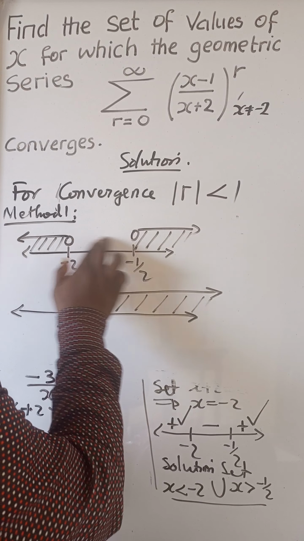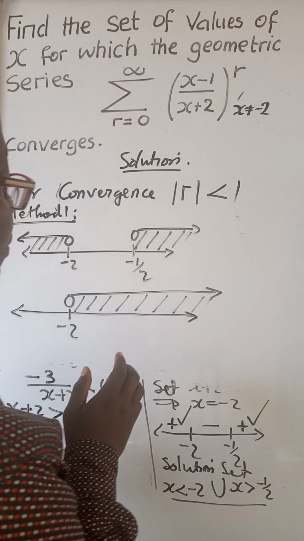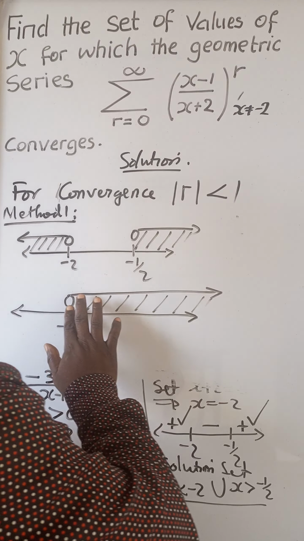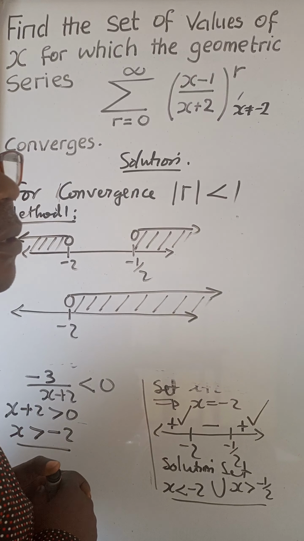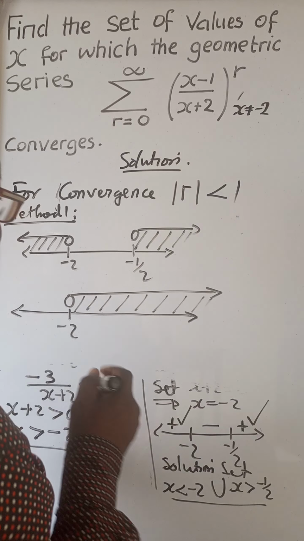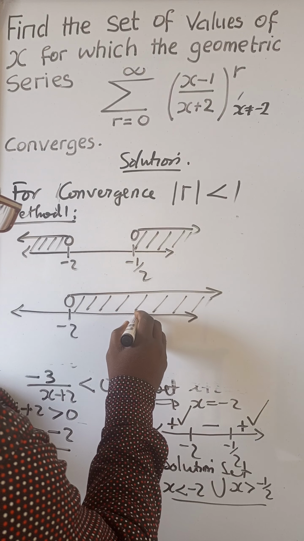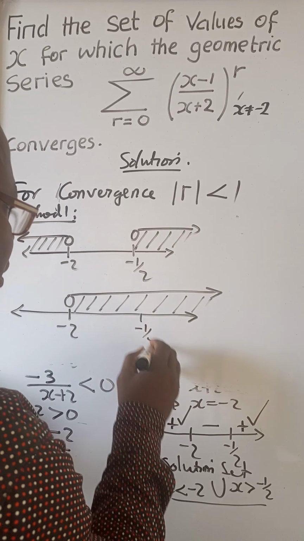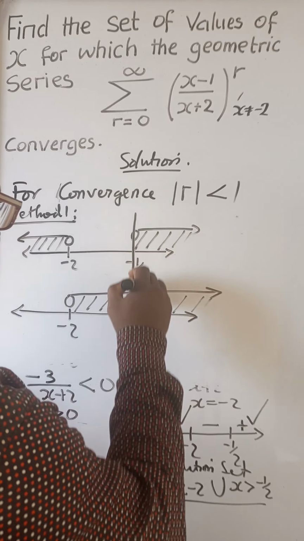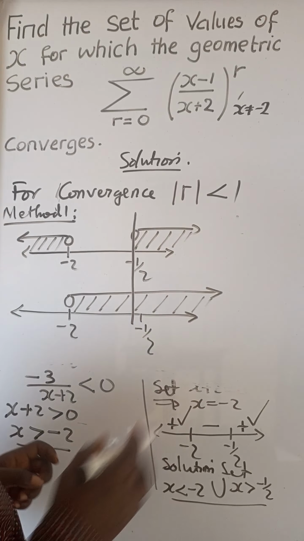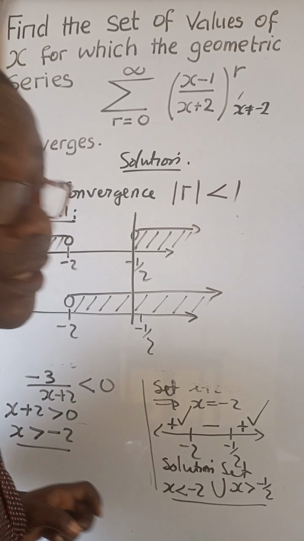There is no solution here. Part of the solution is this way, and this one says everything from above negative 2, all this way. If we represent the negative 2 and the negative half, you will see that intersection exists here. For all values above negative half, we have solution in both number lines. So that's where intersection exists.